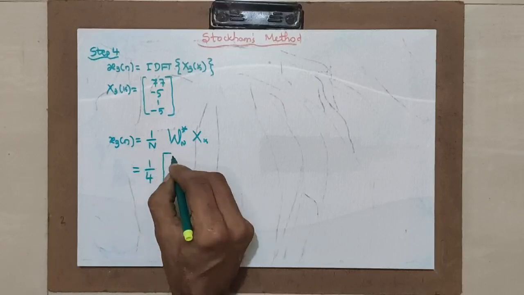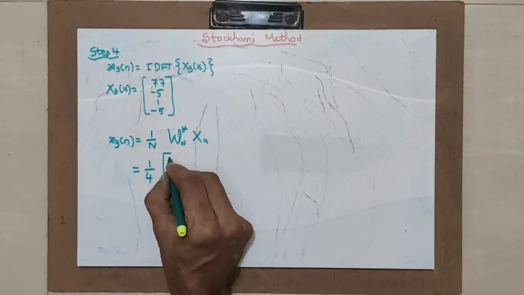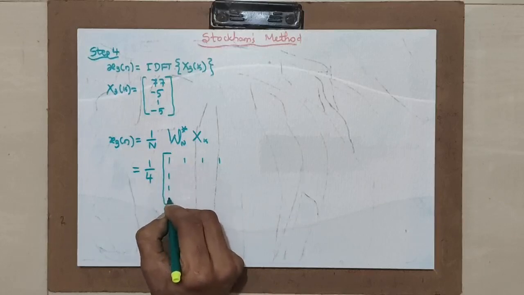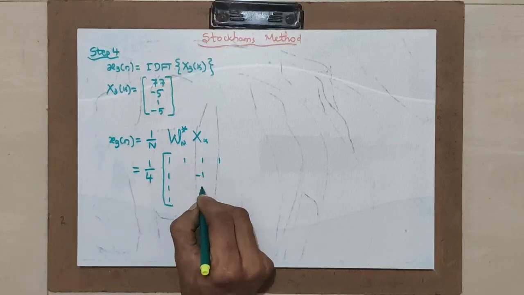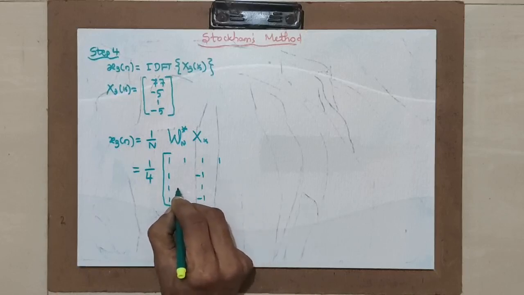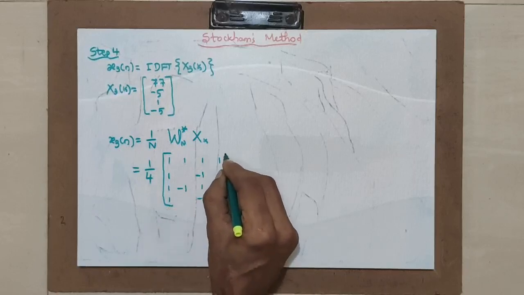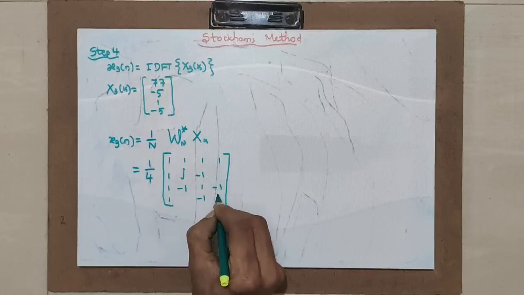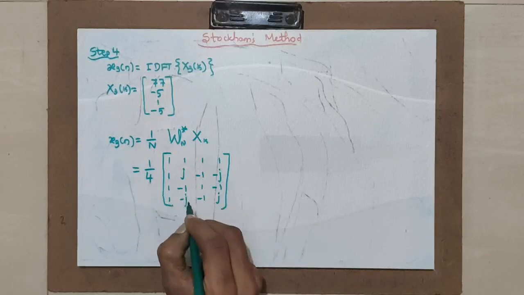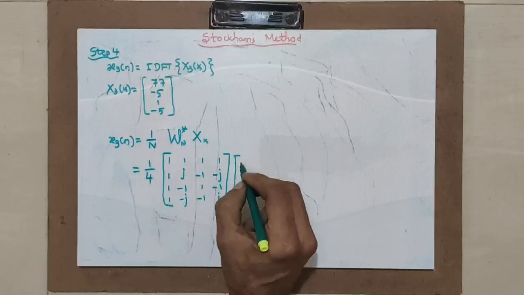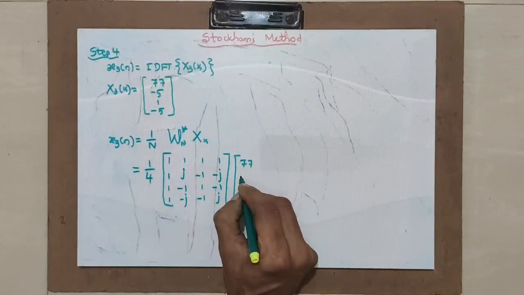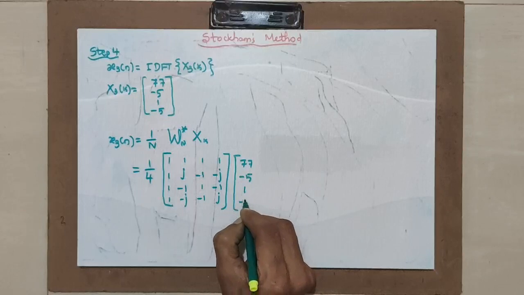Next comes the conjugate matrix for the twiddle factor. 1, 1, 1, 1; 1, then the next row; third column 1, minus 1, 1, minus 1; third row 1, minus 1, 1, minus 1. You started with minus j, but in the complex conjugate, for IDFT, j is to be filled here, j, minus j, minus j. Right, here the given DFT is 77, minus 5, 1 and minus 5.